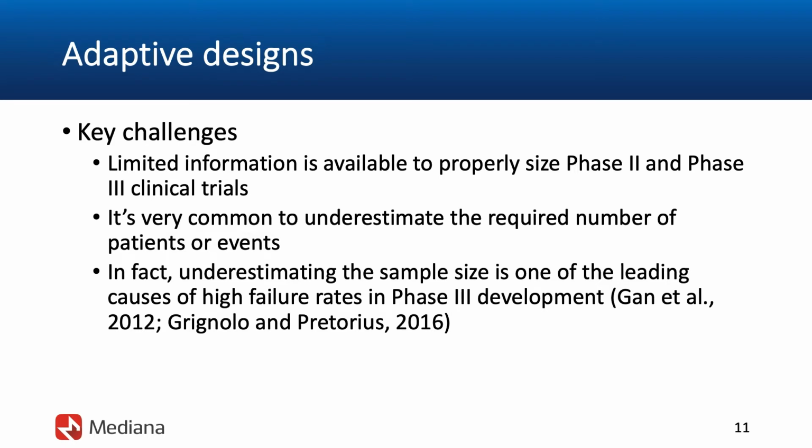Everything is prospectively defined within the traditional design framework, even though in reality we're likely to have limited information, or perhaps even no relevant information to properly choose the sample size or select other elements of the trial design. For example, the best, most relevant patient population for the upcoming confirmatory trial.